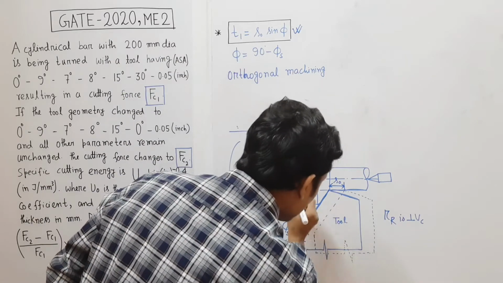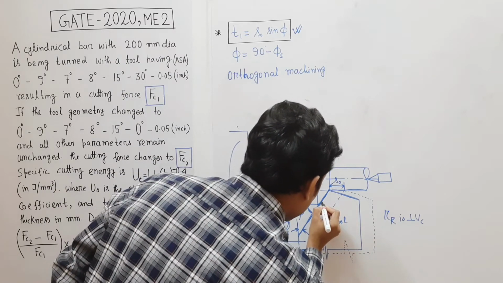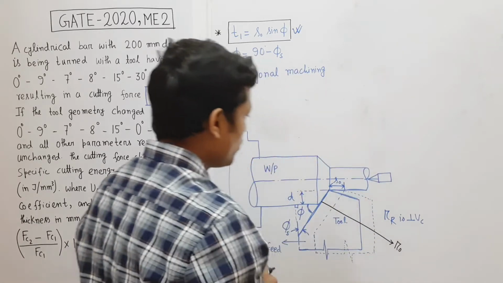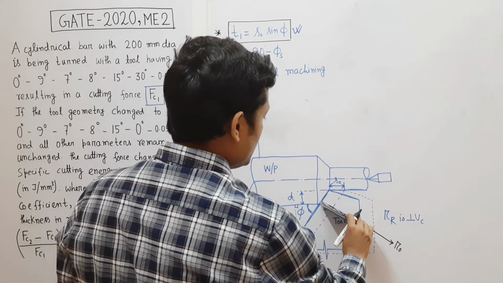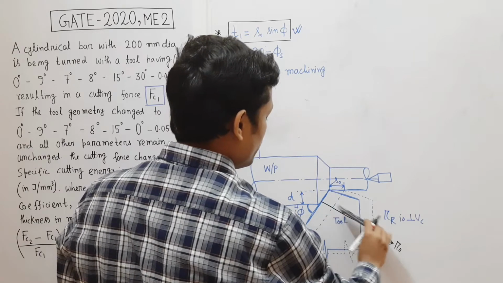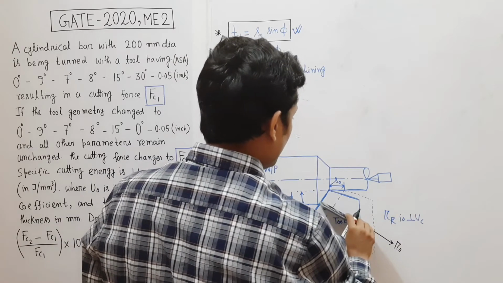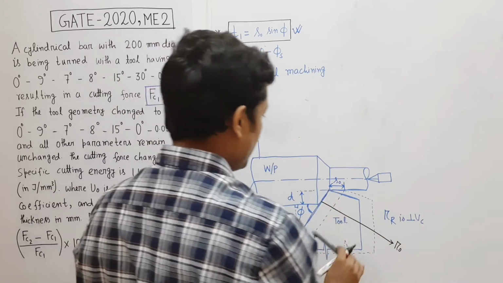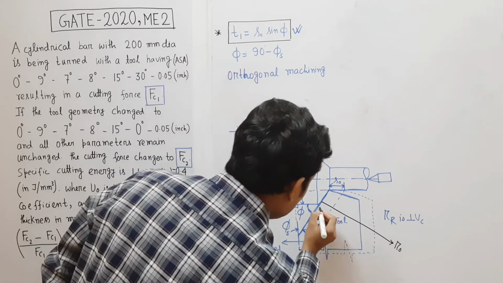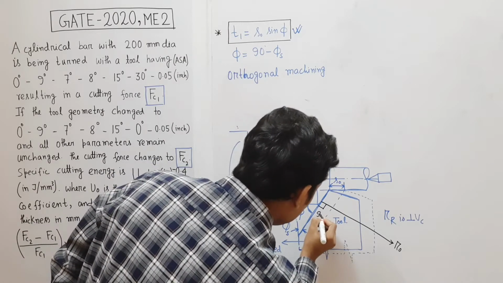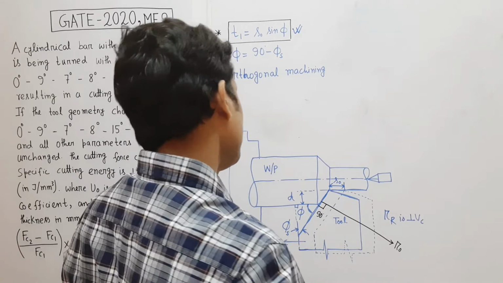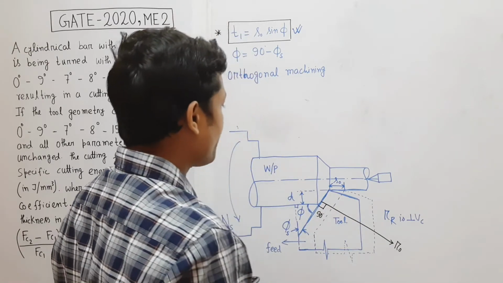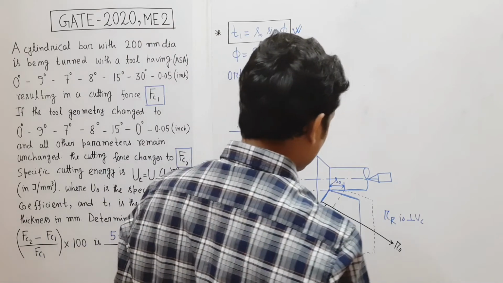So, the orthogonal direction. This is pi o, the orthogonal plane, which is perpendicular to pi r and perpendicular to pi c, the cutting plane. The orthogonal direction is always perpendicular to the principal cutting edge.